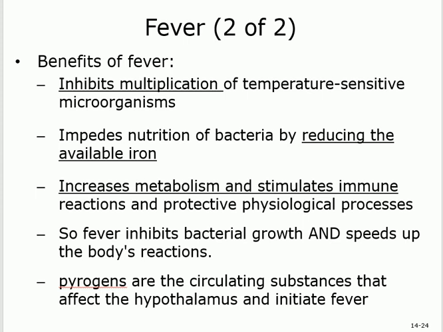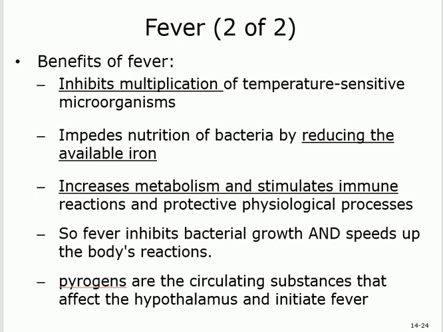I told you before that most microorganisms love our normal body temperature. If it is 37, 98.6, that's perfect. Once you change it, that's not good for them. They are not going to multiply. Not all of them, but a lot of them. So this makes the environment bad for them. This is one.